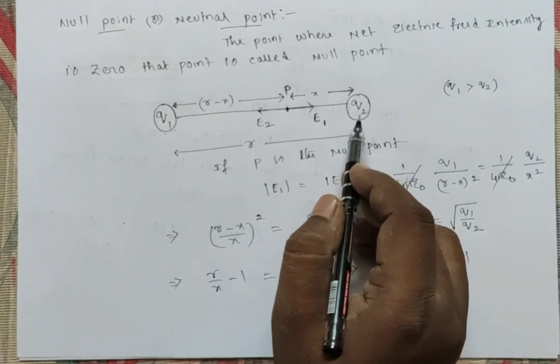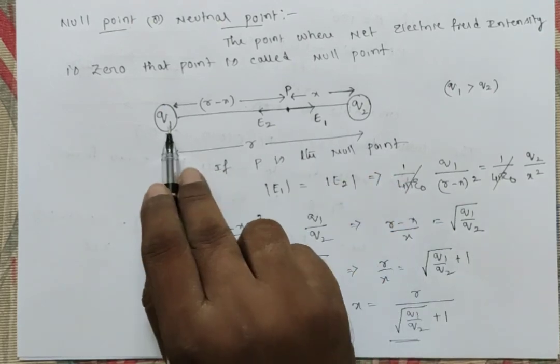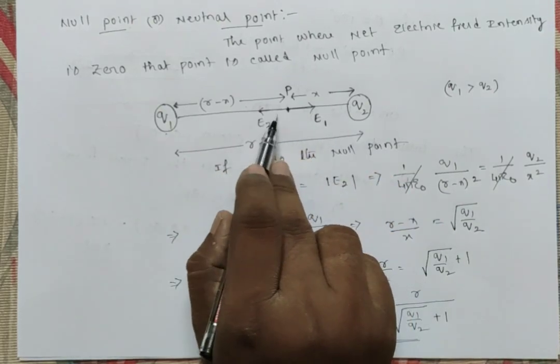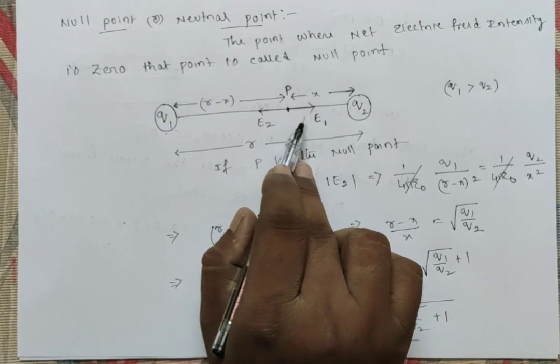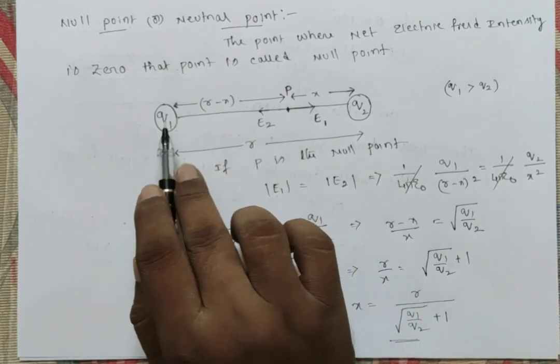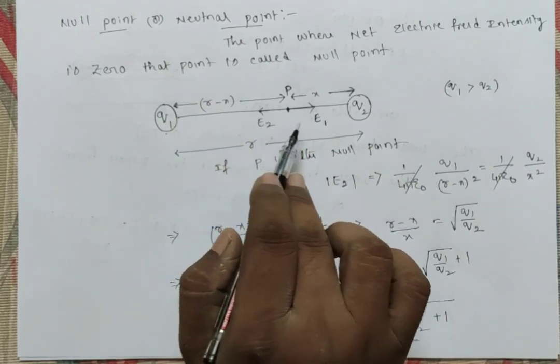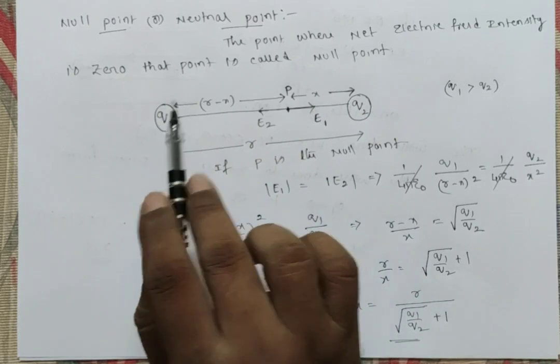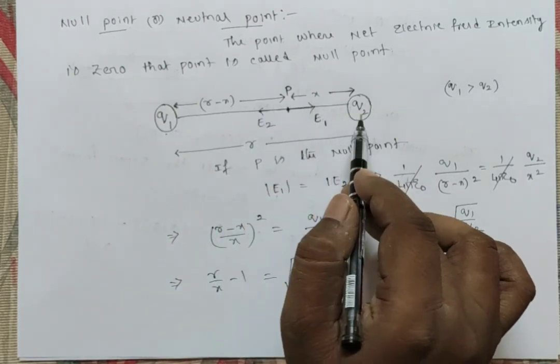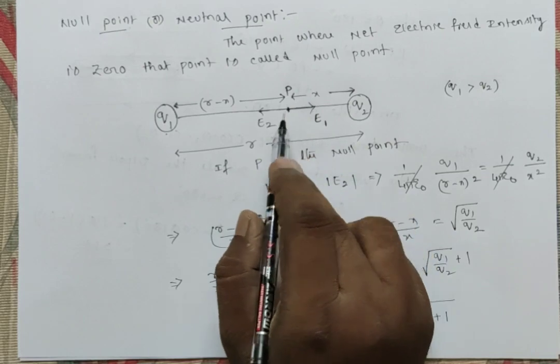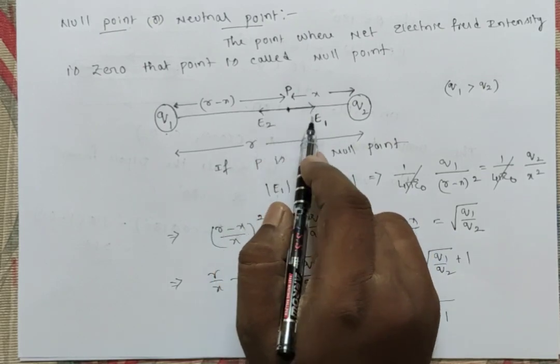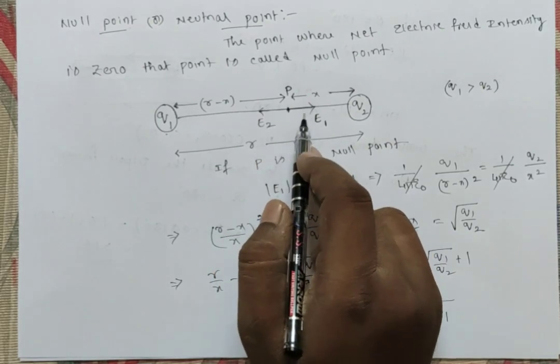For these two electric field intensities to be equal, the distance should be more from the higher magnitude of charge and less from the lower magnitude of charge. Only then can these two electric fields be equal.